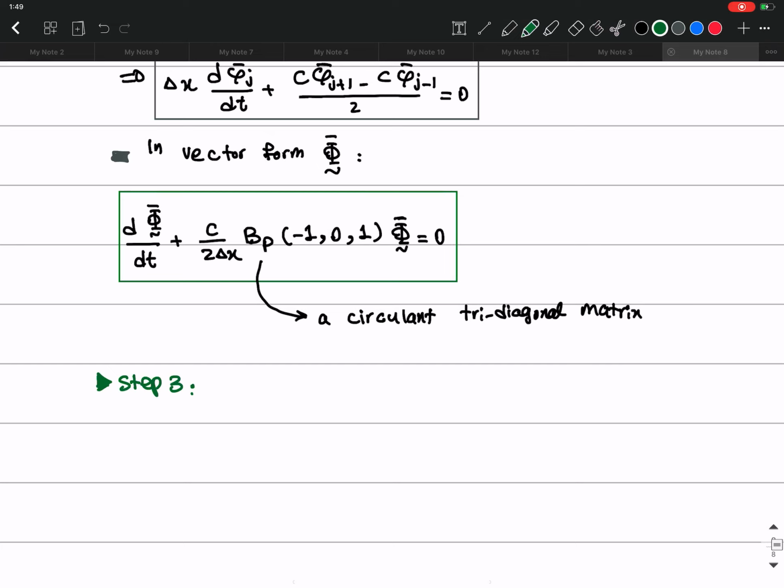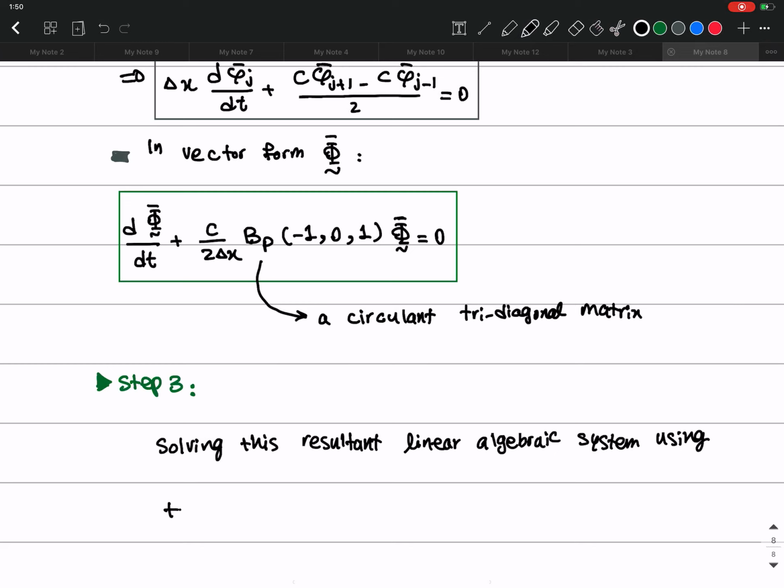And step 3 is solving this resultant linear algebraic system using time marching methods.